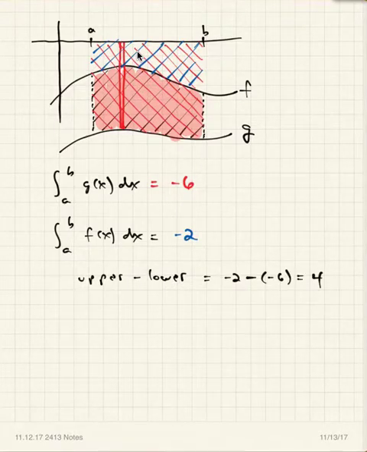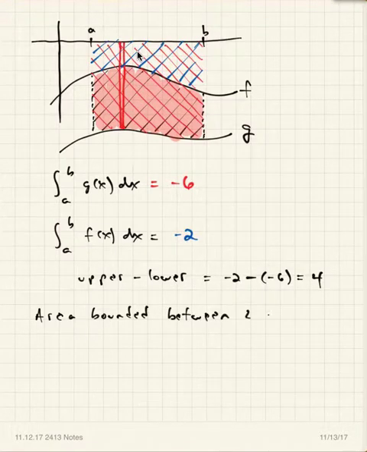So the moral to the story that I want to point out is that it doesn't matter where the curves are. If you have an upper curve and a lower curve situation, and you're looking at the area bounded between two curves, it's always going to be equal to upper curve minus lower curve.